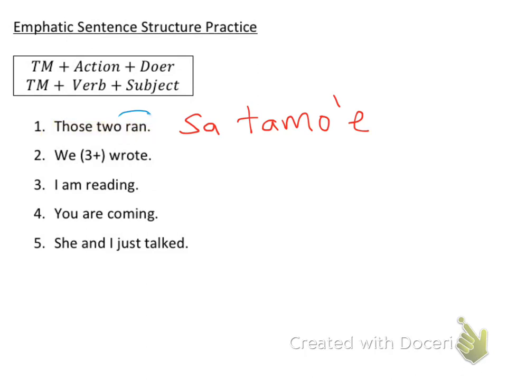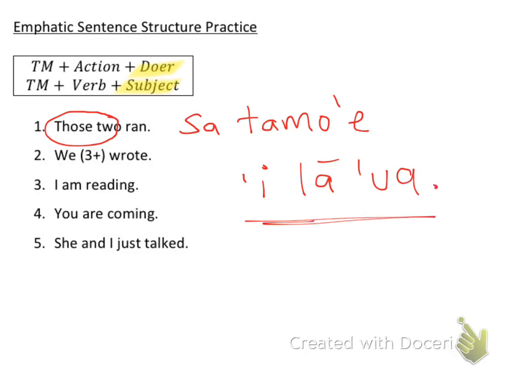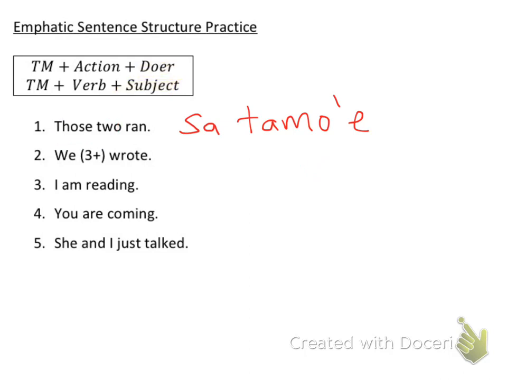My doer and my subject is those two. In Samoan, the way that you translate that is with ila ua. This is the emphatic pronoun for those two, ila ua. Alright, so that is the first sentence.